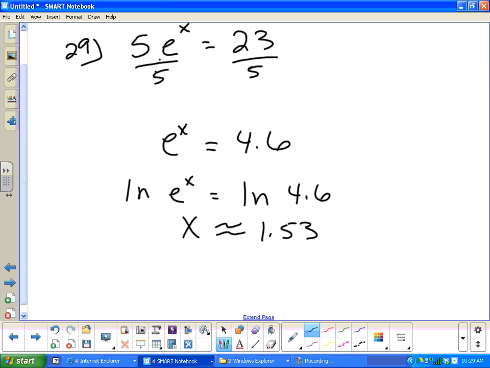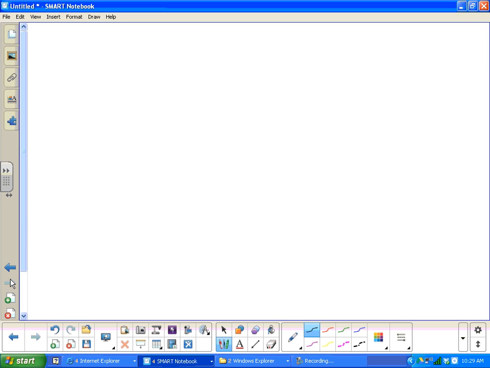Alright, let's look at another one with a base of e. We'll look at 35. It's e to the 5x minus 3 minus 2 equals 10,476. What do you have to calculate?